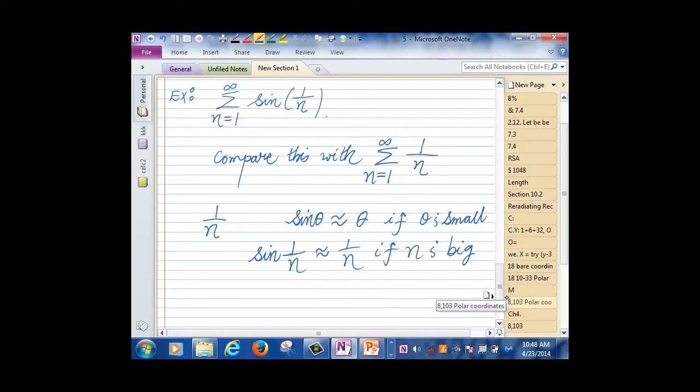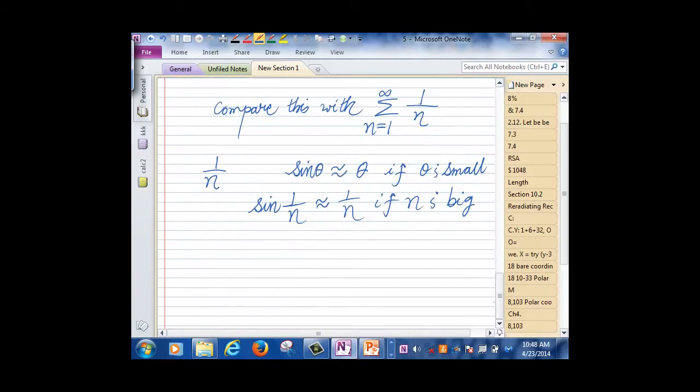The series that I picked, 1 over n, is a p series with p equal to 1, and it is divergent. So let's take the limit of the ratio of corresponding terms. So take the limit as n goes to infinity of sine of 1 over n divided by 1 over n. What is that?